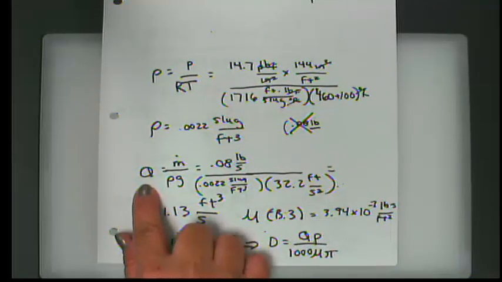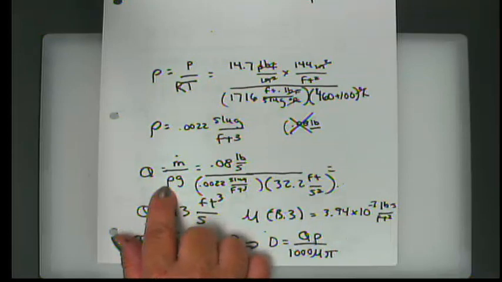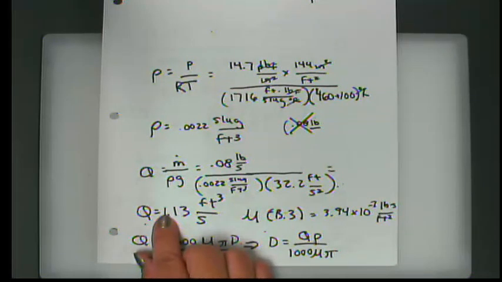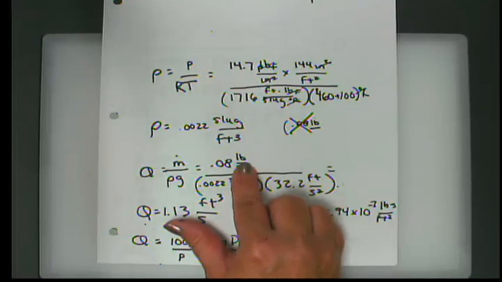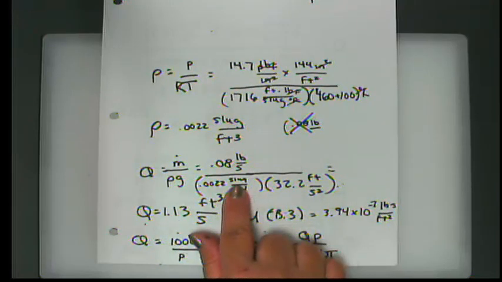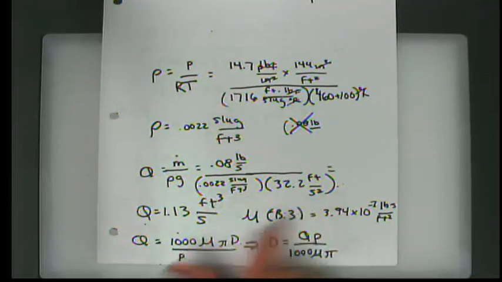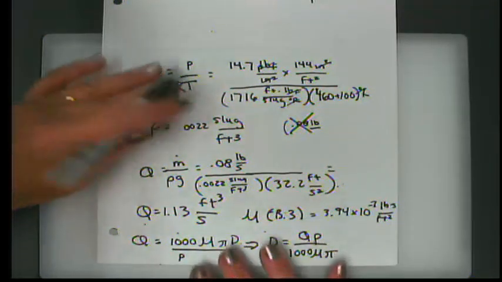All right, I also know from the two equations on the past page that if I take my mass flow rate and I divide it by rho times g, that I will come up with some sort of a Q. So I need to look at my numbers, and here I have a pound, here I have a slug, and here I have feet per second squared on my acceleration.